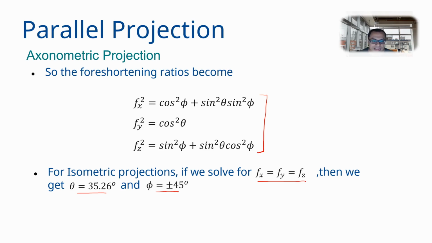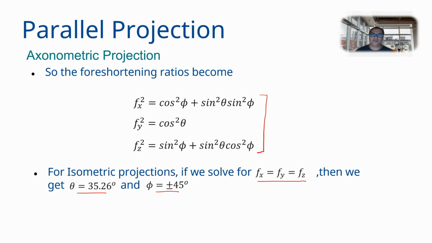So for an isometric projection, we apply the isometric constraint that all the three foreshortening ratios are equal, and we get values for theta and phi. Okay, so I hope now you have a sense of what happened when you moved from orthographic projections to axonometric projections, right? You basically rotated the object twice so that you could see more sides of that object.